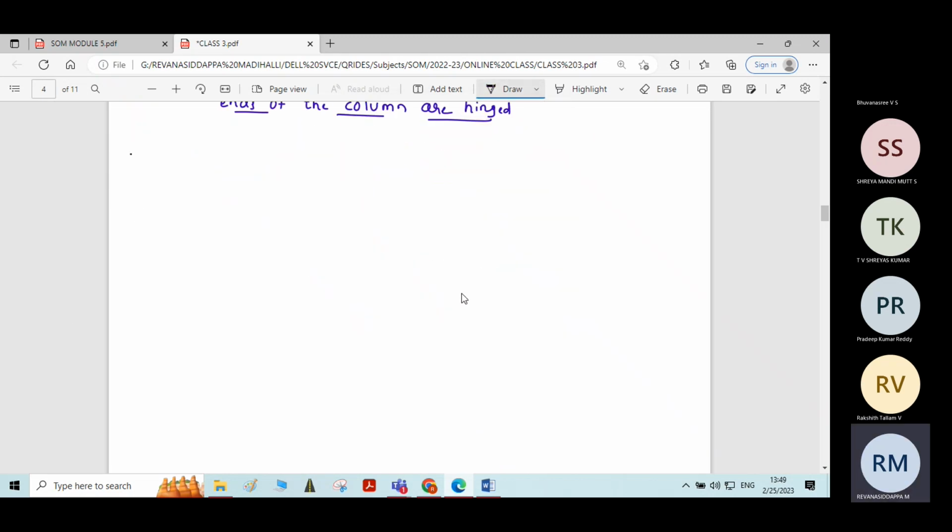Now initially the column will be straight. Now I will draw the deflected shape of the column, when the column is hinged at both of its ends. Write this diagram, all of you.